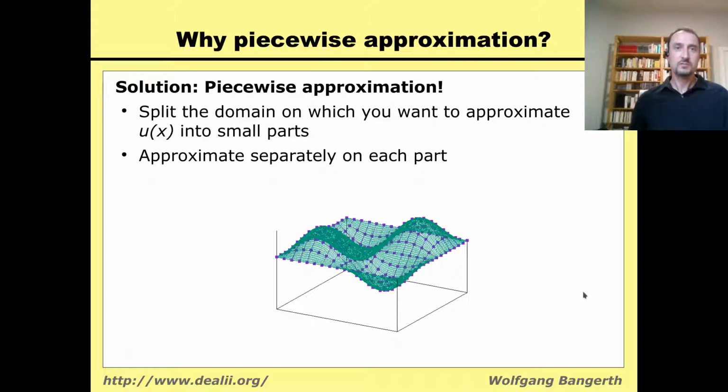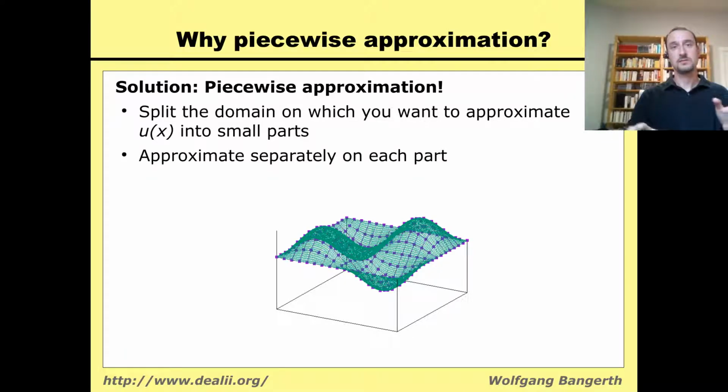So that works pretty well, and because the approximation happens on each of these subintervals, or in 2D on each of these cells, so a cell here would be, for example, each one of these little squares where I find myself an approximation, it's relatively easy to understand that if there is a singularity somewhere in the domain, well, maybe the approximation on the cell that is around that singularity is going to be bad, but everywhere else I can hope that it is actually reasonably good.